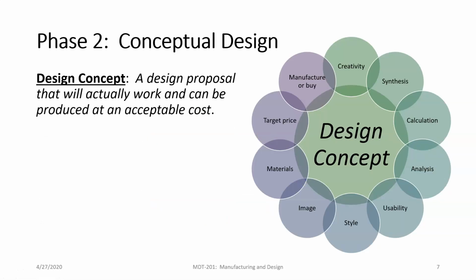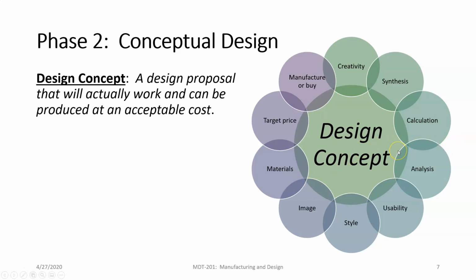So the design concept then is a design proposal that will actually work, and can be produced at an acceptable cost. Okay, so here we're not wild-eyed brainstorming anymore. Now we're really trying to come up with something that's going to work and that we can produce at a reasonable cost.